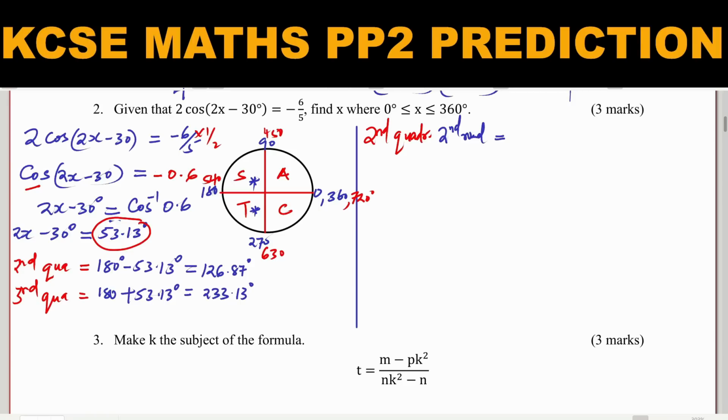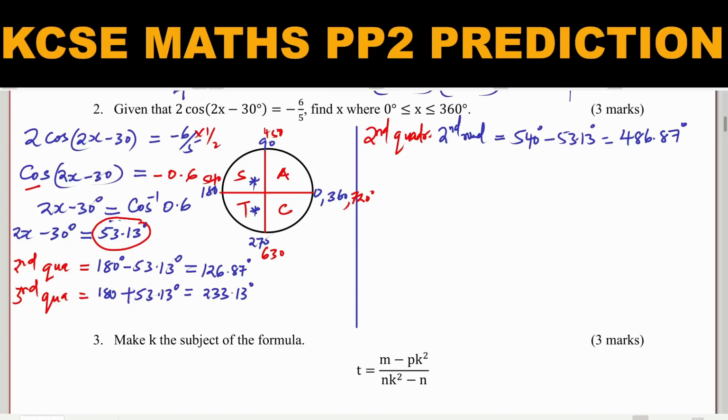So in the second quadrant, the second round, the angle will be 540 degrees. Then I subtract that acute angle that I'm using, 53.13, and this will give me the angle as 486.87 degrees.